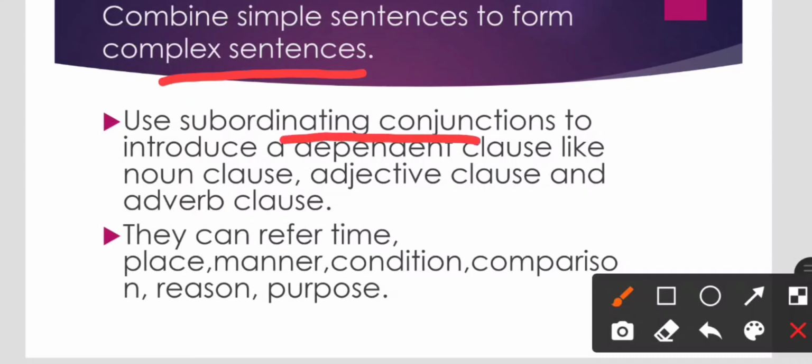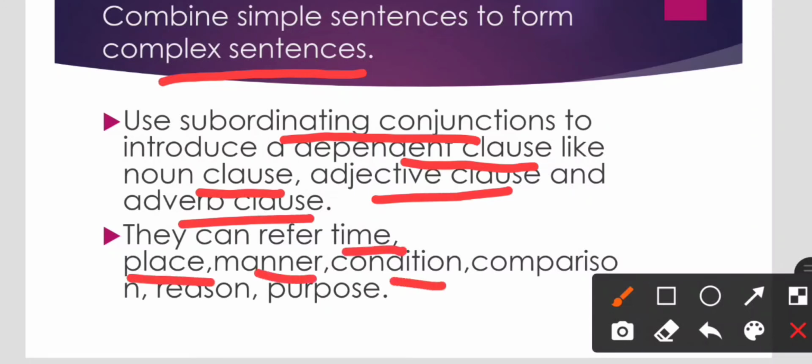Subordinating, matlab helping conjunctions or dependent conjunctions, we can say that. To introduce a dependent clause, subordinating conjunctions are used to introduce dependent clauses like noun clause, adjective clause, adverb clause. Okay, they can refer to time, place, manner, condition, comparison, reason, purpose, result, concession, etc.